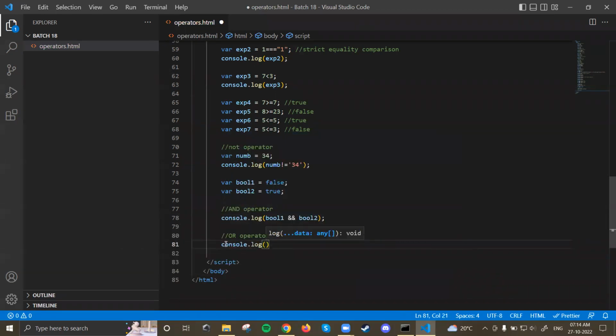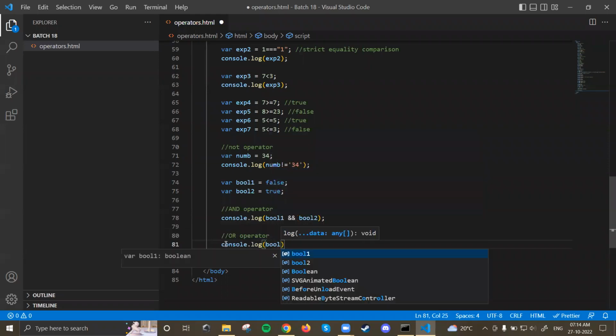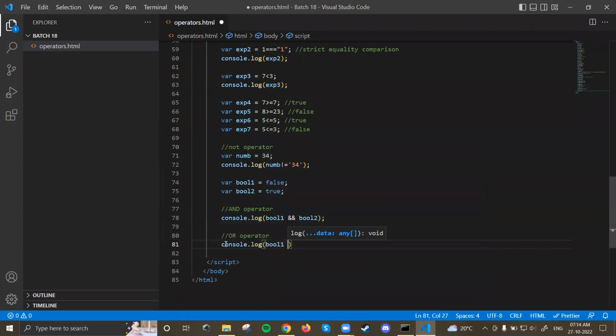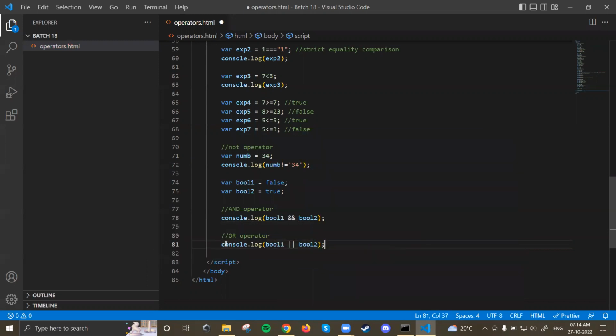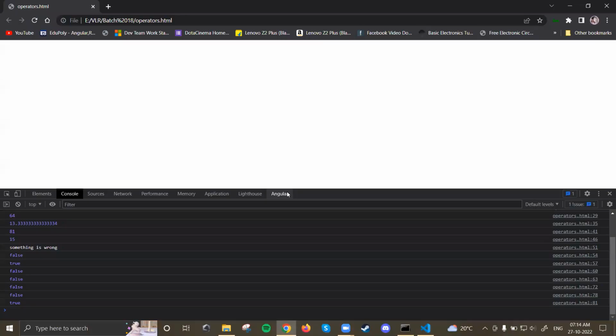Console.log of bool1, we write like this, bool2. So what will be the output now? True, because any one of them should be true. And yes, we have the condition satisfied because one of them is true, one of them is false. So we'll get it as true.